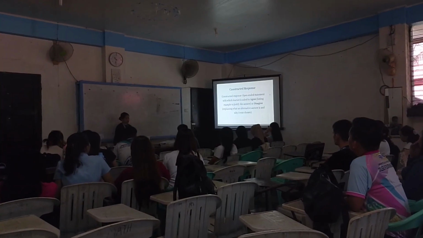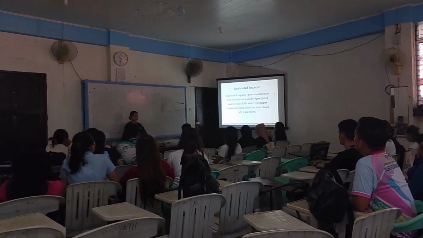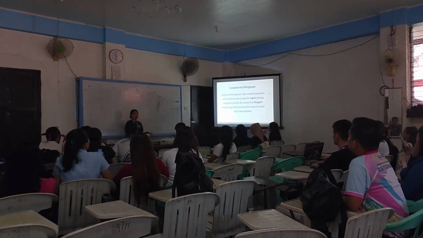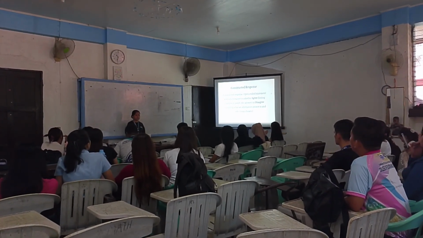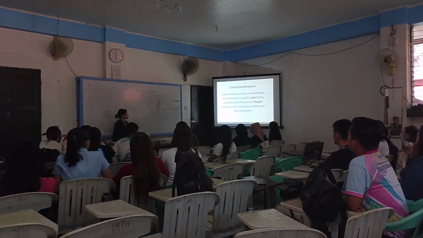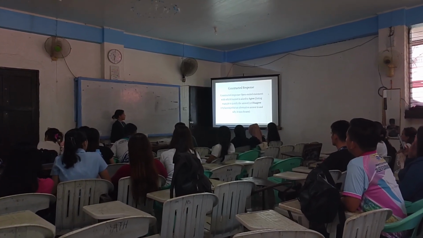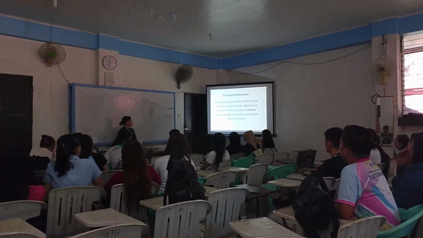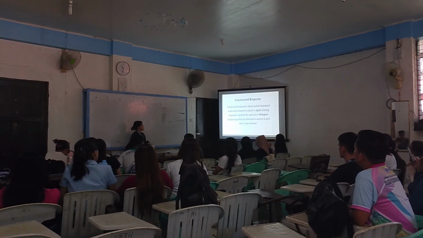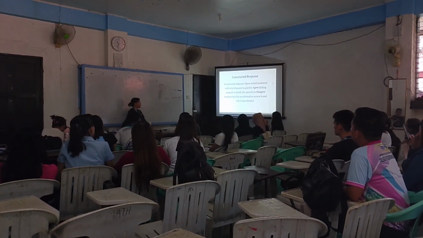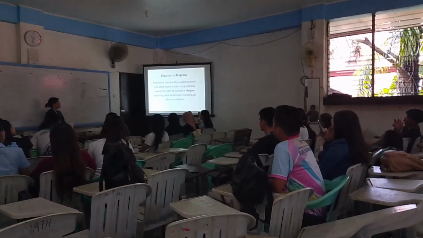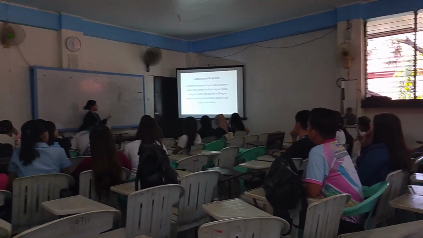For constructed response, from the word itself, this is a type of answer that requires the students to formulate their own answers. It is an open-ended statement with which the learner is asked to agree, and then list examples to justify their answers, or disagree, and then explain what an alternative answer is and why it was chosen.